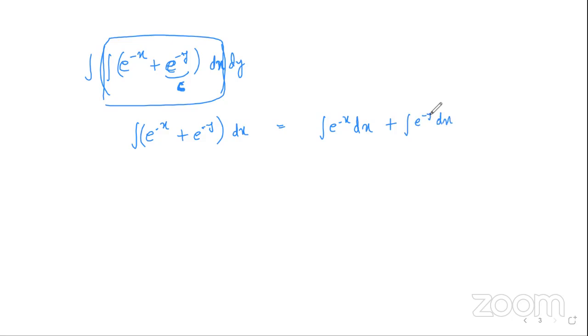Since this is a constant, you can pull it out and it becomes e to the minus y times x, right?